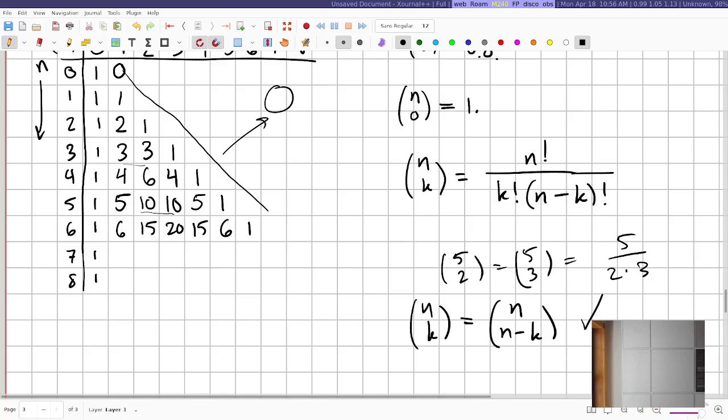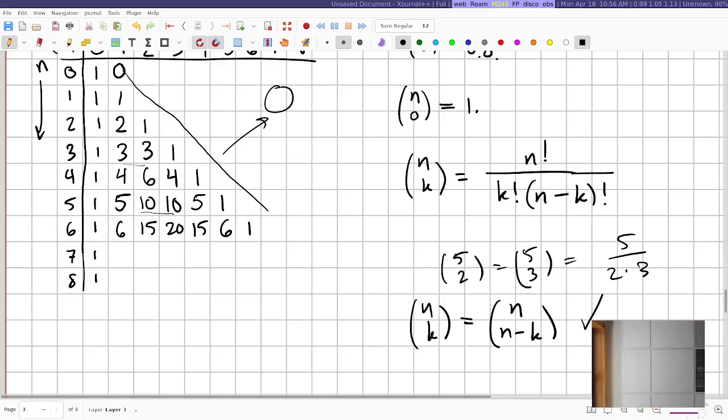In terms of what it means, here's a way to understand this. Why would I have the same number of ways to choose a subset of k things out of n as choosing a subset of n minus k things out of n?